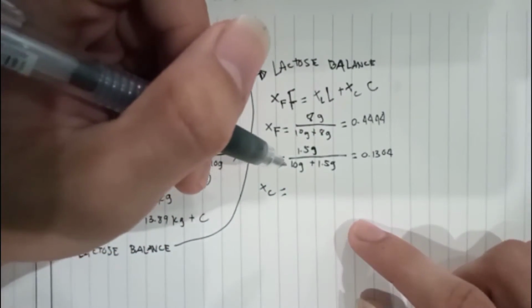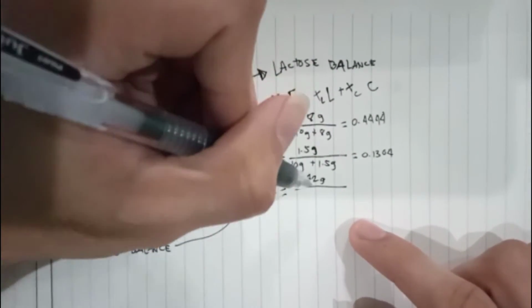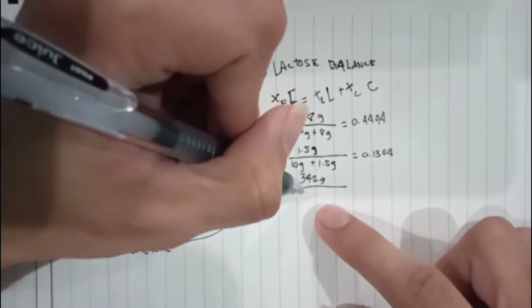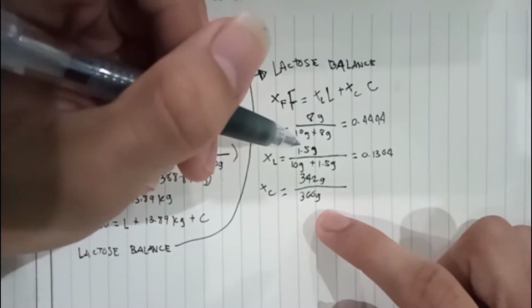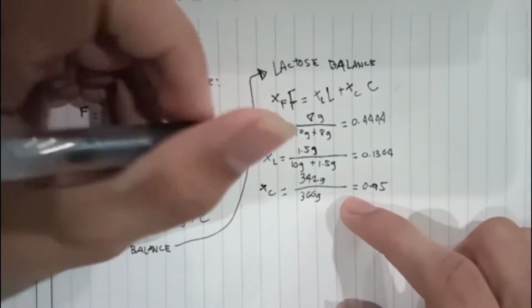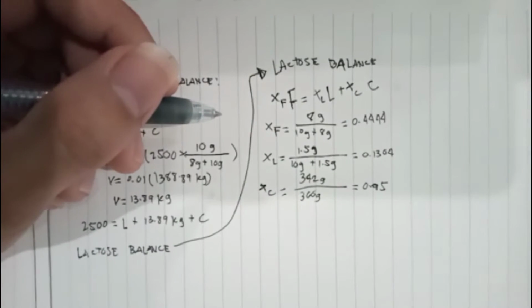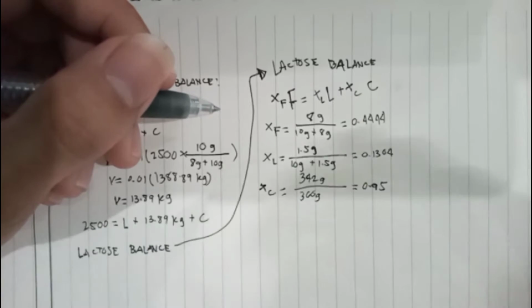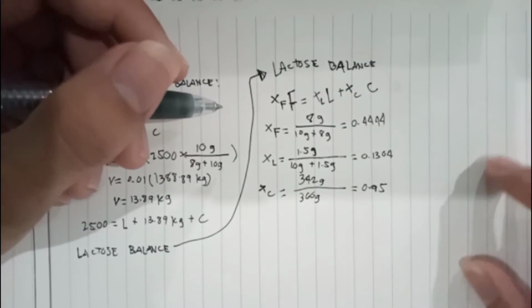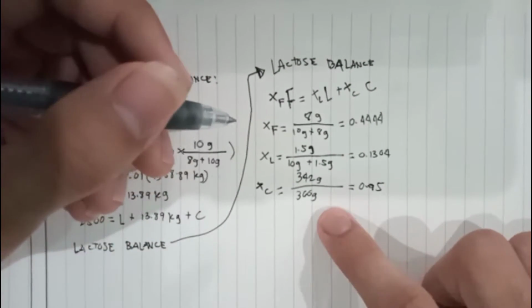The molar mass of lactose is 342 grams over 360 grams, the molar mass of lactose monohydrate, and this would be equal to 0.95. So now we have our mass fractions at every exit of our lactose. Then let's calculate our lactose balance.